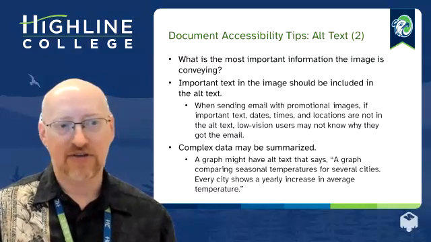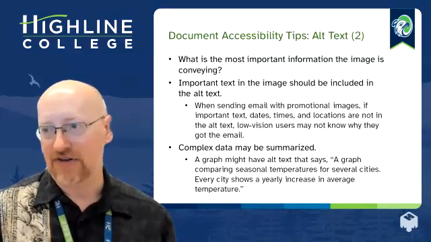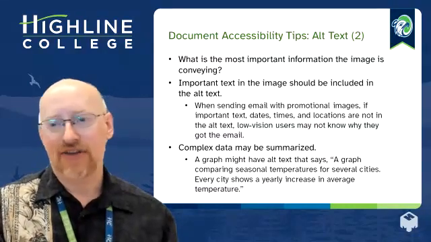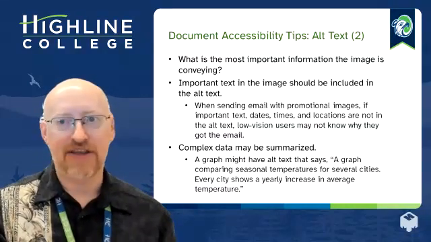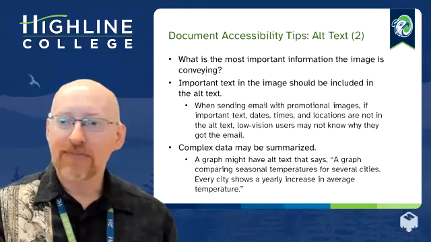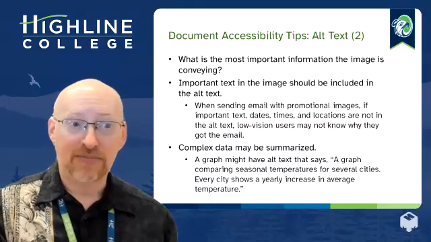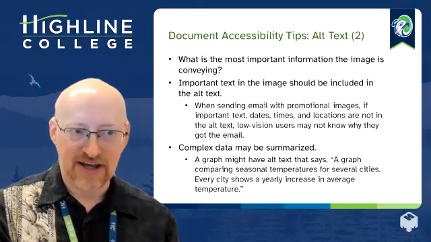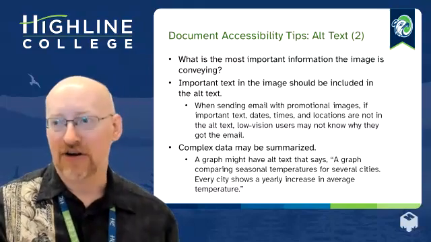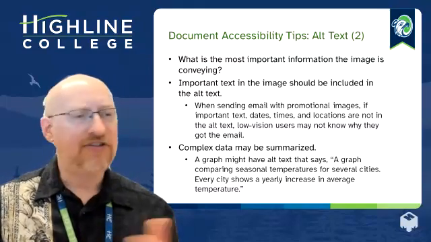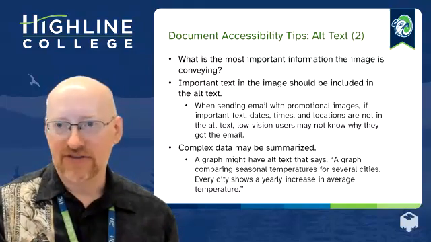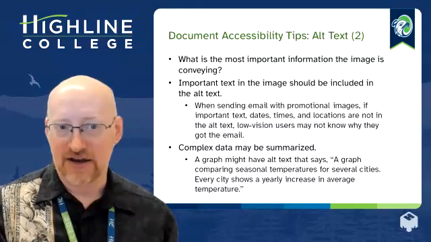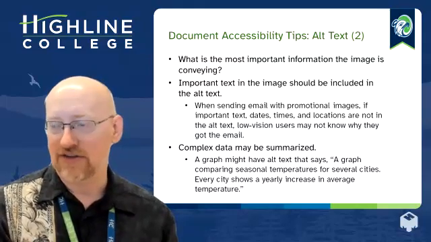Every city shows a yearly increase in the average temperature. You don't have to list the exact temperatures. You don't have to list the exact cities, because those might not be the most important part. The most important part of this theoretical image is average temperatures are increasing. So there's just a few different ways to think about alt text and what actually needs to be included as you're writing it.